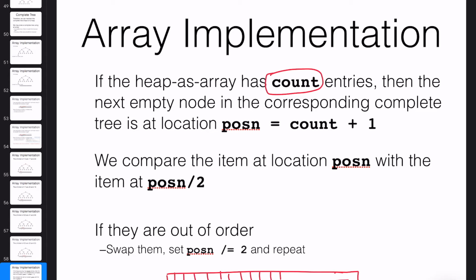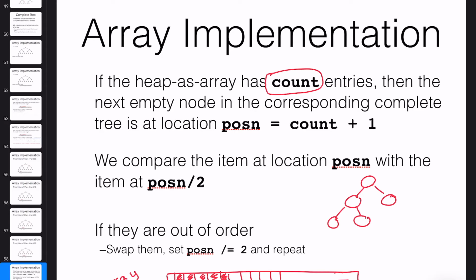So just assume that you have filled 5 items already, so that what you have stored is something like this, but the tree would look like this. Then you want to insert a new value. You have this array, and you have a variable count, which is going to be, for example, 5.